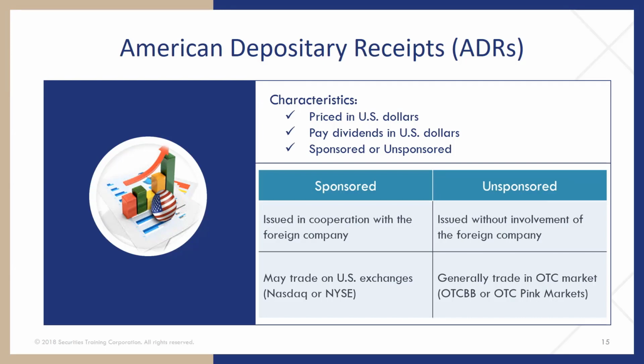Now, if that company, and many companies would want this, they want to list on a U.S. exchange, let's say the New York Stock Exchange or NASDAQ, and many times it's the New York Stock Exchange because many foreign owners of companies feel comfortable selling or issuing the shares in the U.S. on a U.S. recognized exchange, which would be the New York Stock Exchange or NASDAQ.